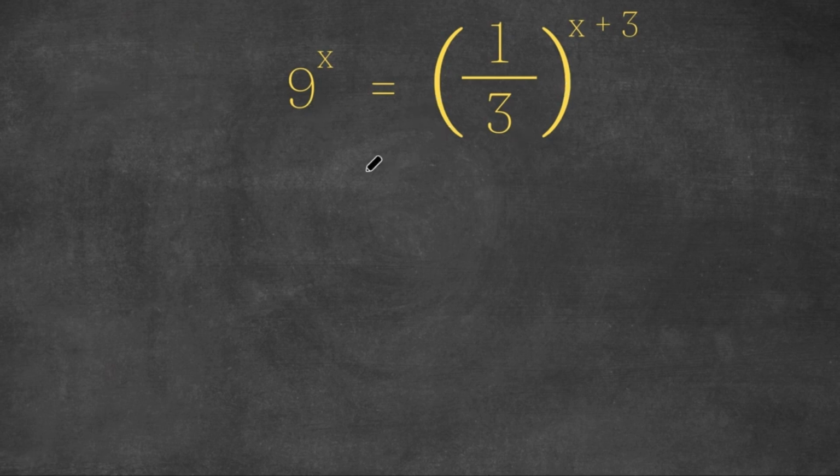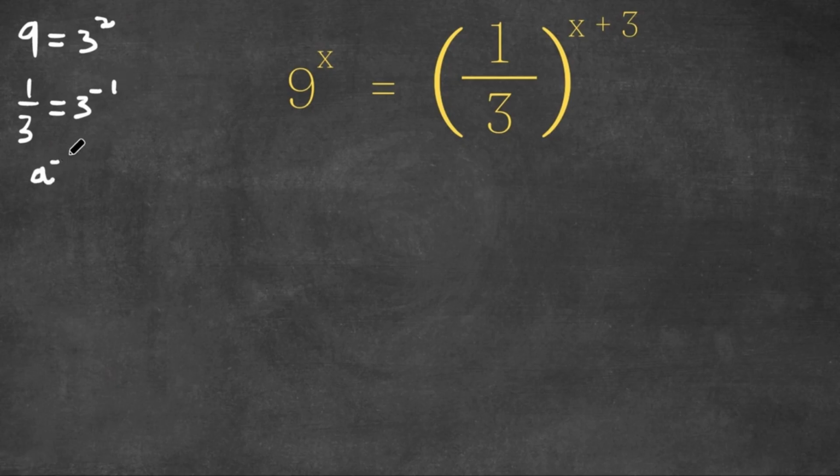So I'm going to change both of these bases to a common base, which is 3. So 9, this is equal to 3 squared. And 1 over 3, this is equal to 3 to the power of negative 1. Because remember, a to the power of negative 1 is going to be 1 over a.